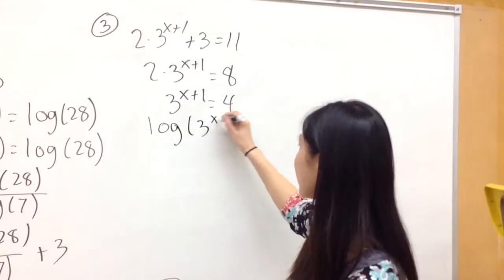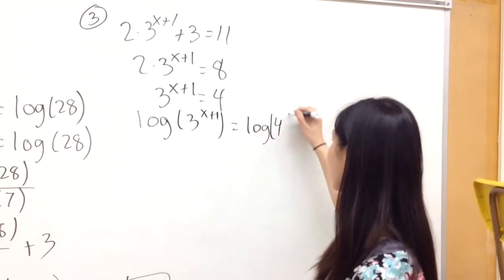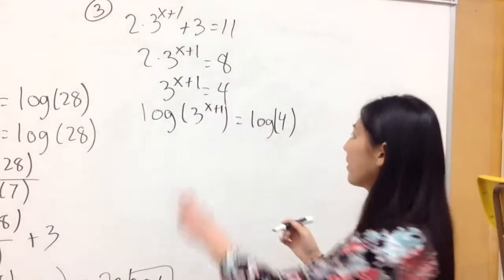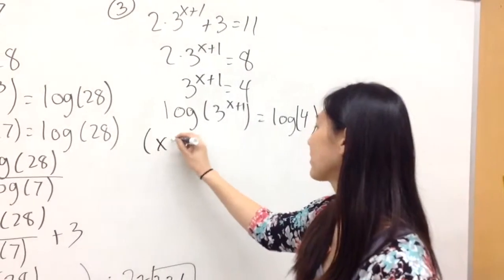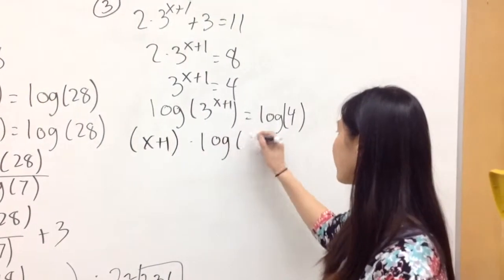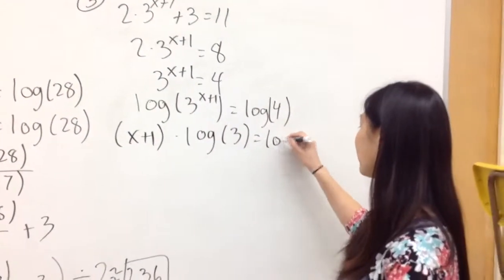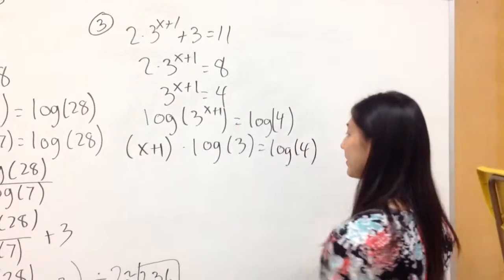So log of 3 to the x plus 1 is equal to log of 4. And so now, again, this comes down out in front to multiply. So it's x plus 1 times log of 3 is equal to log of 4. Again, it's very important that you remember those parentheses there.